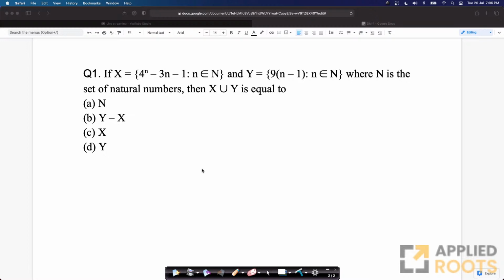We will come back to your general questions at the end of the session. Again, simple MCQ problems. This is about sets.